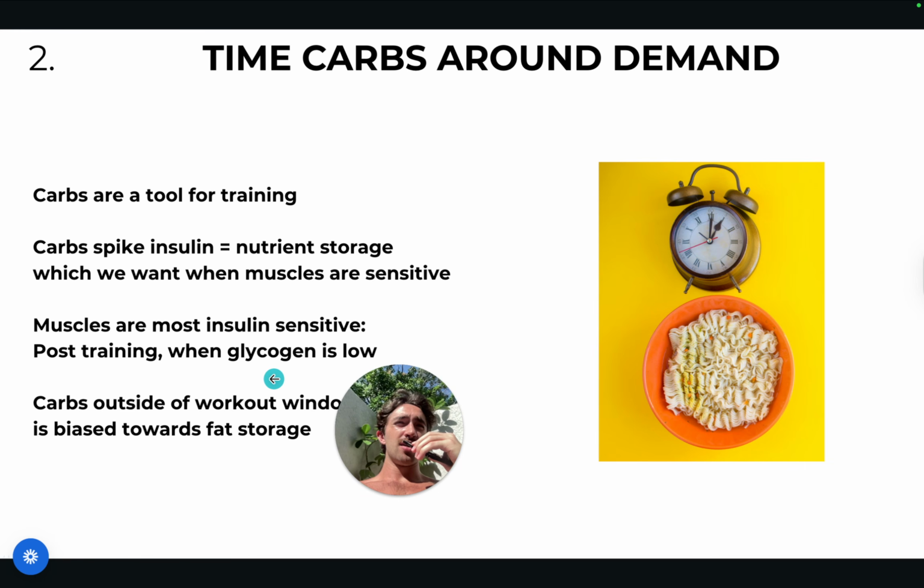When you train in the gym, you're using muscle glycogen as energy. That's basically what your muscles run on, the glycogen that you have stored in the muscles. So when glycogen is low, you want to have the carbs to refeed the glycogen, and you want to focus mostly on glucose.